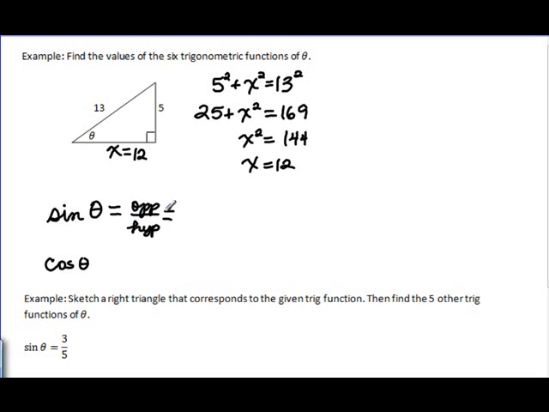Well, where is the opposite? So we're talking about this angle theta, so its side opposite is 5. And what about the hypotenuse? Yeah, it is 13. It's always the side opposite the right angle.